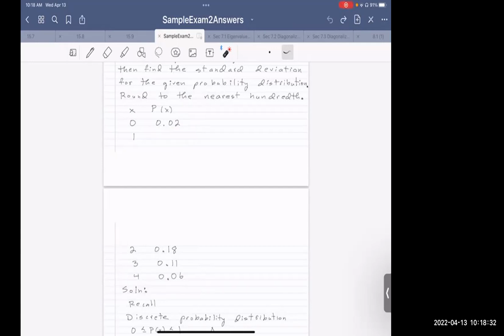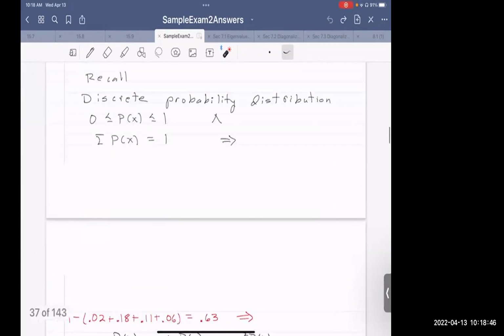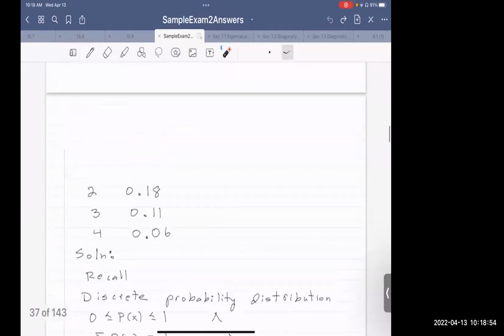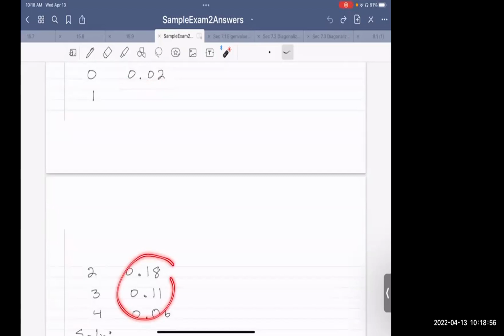Note that in order for us to have a discrete probability distribution, all the probabilities here must be greater than or equal to 0, and they must add up to 1. So whatever is missing must be the difference between the sum of these values and 1.